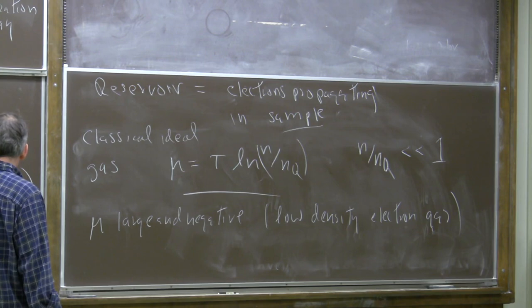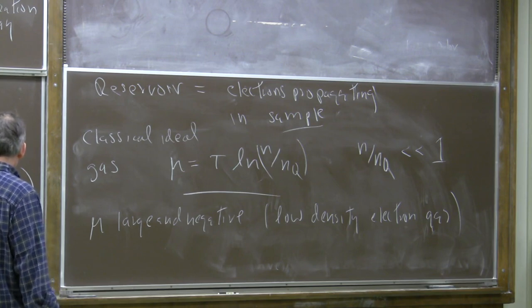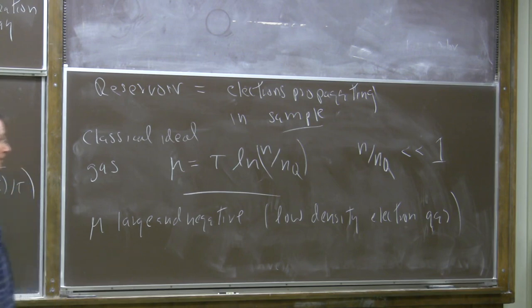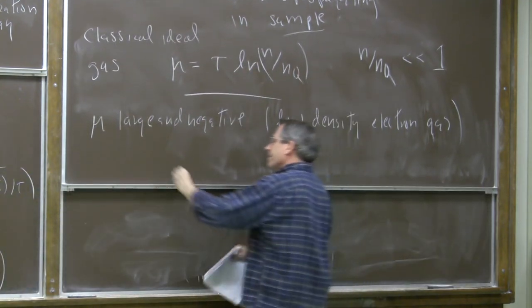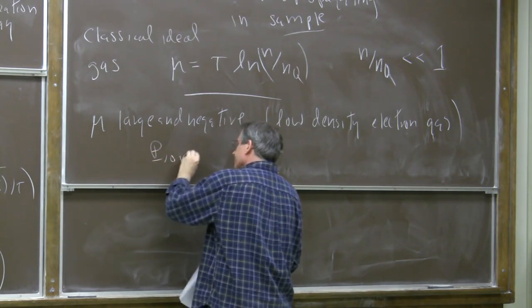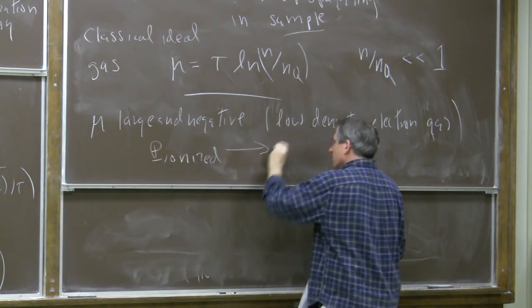If we keep the temperature fixed and the ionization potential fixed, and we consider a more and more dilute electron gas, the chemical potential gets very large and negative. That makes the exponential small, and the probability of being ionized goes to 1.